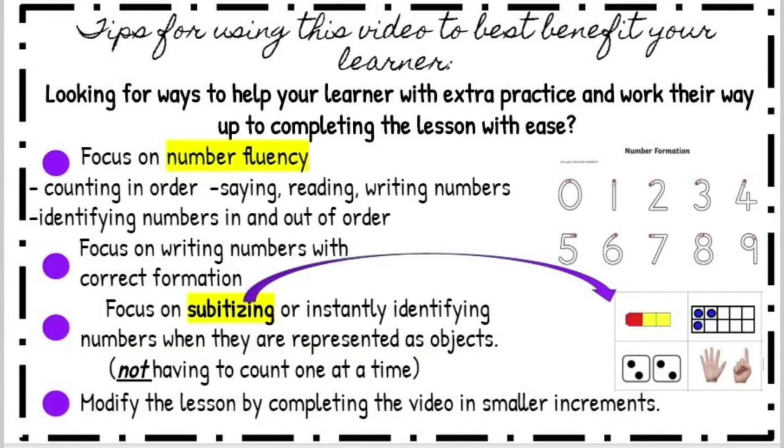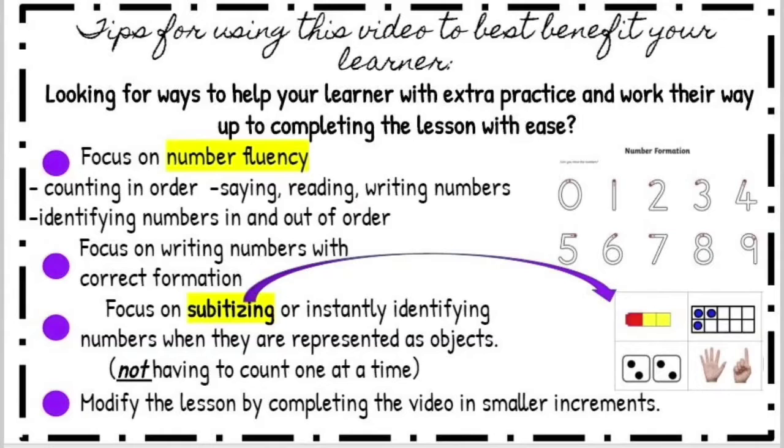Number fluency is very important. The way that I have these differentiation notes set up, the purple dots represent the level of difficulty. So one purple dot are the simpler modifications that I suggest.